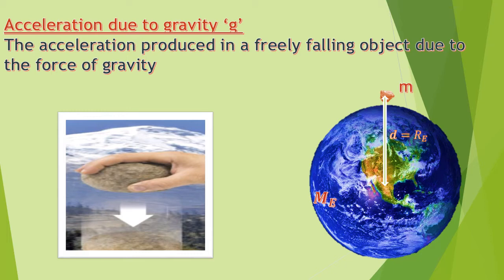So children, what is Me? Me is the mass of the earth. Small m is the mass of the object that is under free fall or resting on the surface of the earth, and let Re be the distance between the center of the earth and the object.